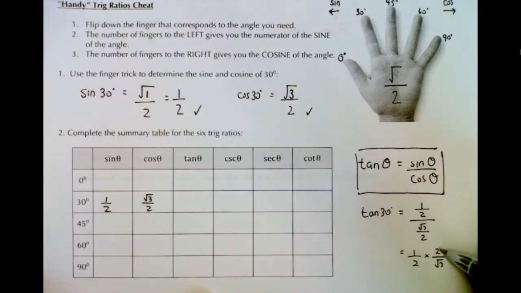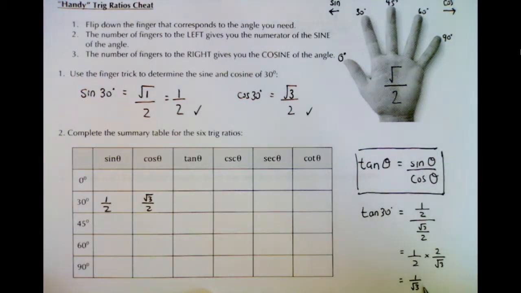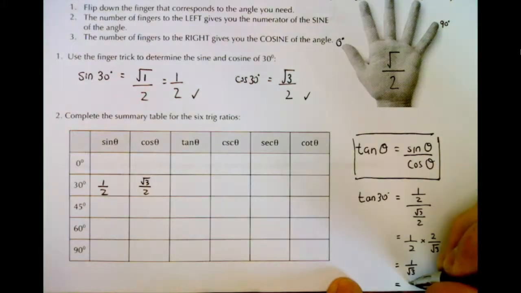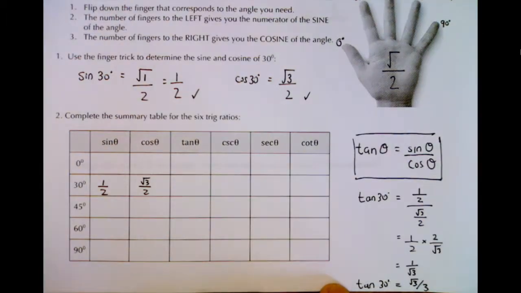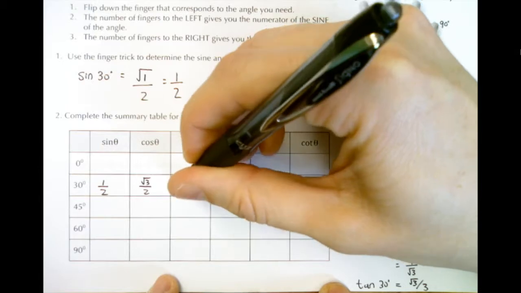Well, the 2's would divide away, and we'd be left with 1 over root 3, which is a little bit of a problem because we have a root on the bottom. So we would multiply the top and bottom by root 3, and we'd end up with root 3 over 3. So tan 30 is root 3 over 3.